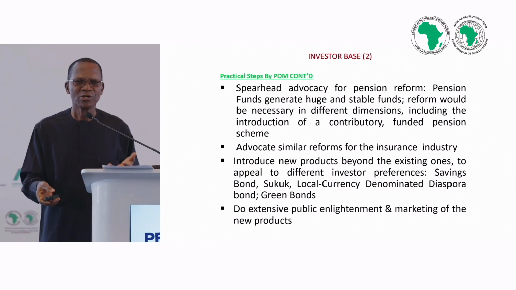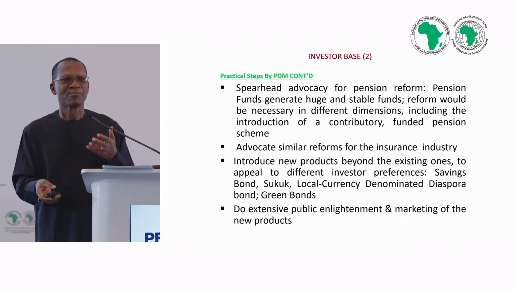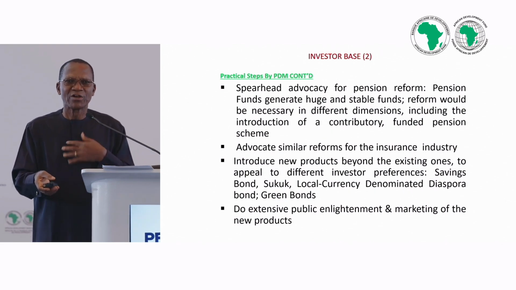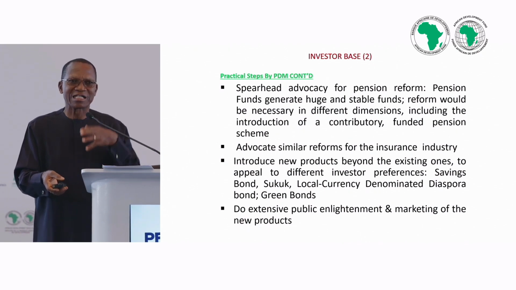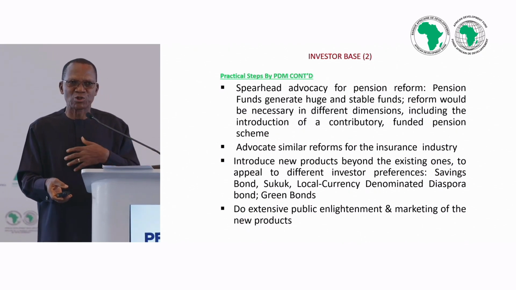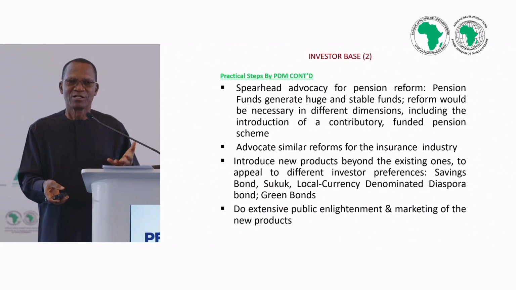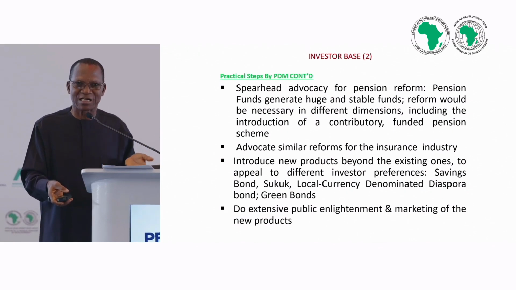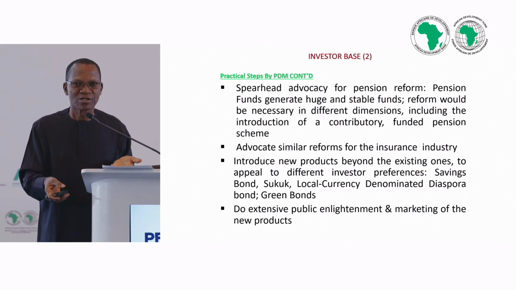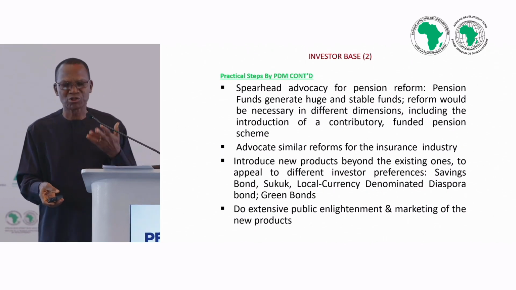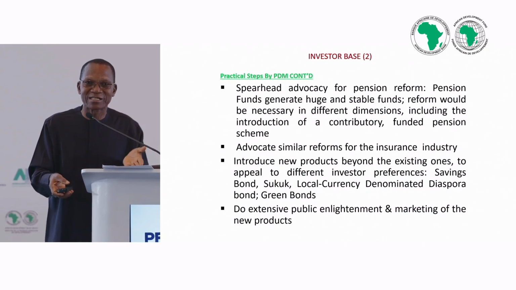You could also appreciate that you need bonds that appeal to various faiths. Like we know that Sukuk is Sharia compliant and appeals to Muslims, and as well to other people, but fundamentally it appeals to Muslims. So you introduce Sukuk. You also think in terms of a local currency diaspora bond.